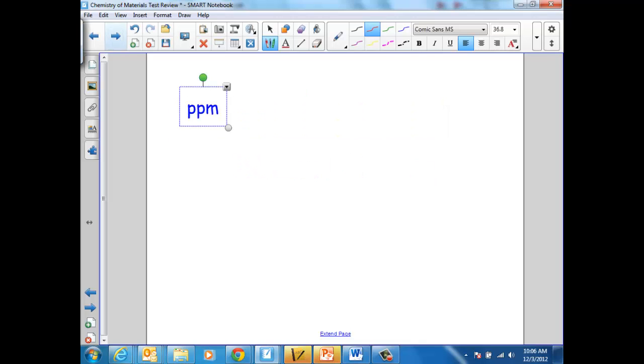What does this stand for? Parts per million. You are going to have a fraction question. So let's say something had 100 parts per million. How would I write that as a fraction?